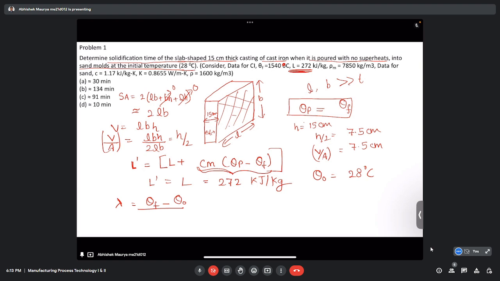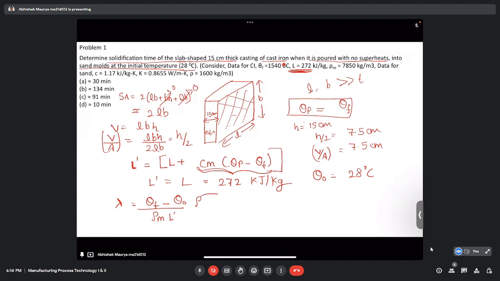Okay, and theta 0 is the ambient temperature, divided by the density of the casting material or the metal times L dash, and this quantity should be multiplied by rho.